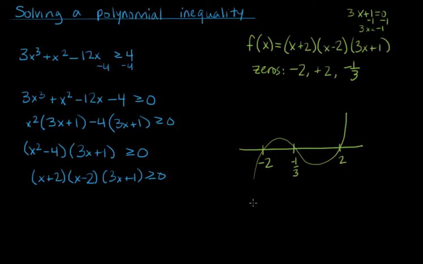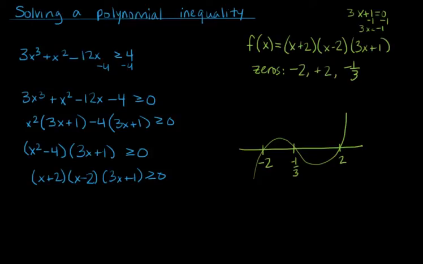And remember, I knew that it starts from low and goes to high because it's a positive leading coefficient. So I know it looks something like this, right? Well, my inequality asks me where is it greater than or equal to 0? I can just take a look at this graph.